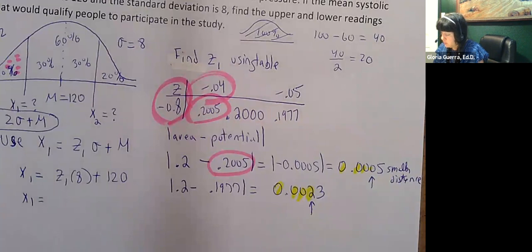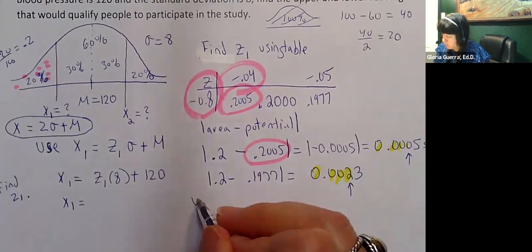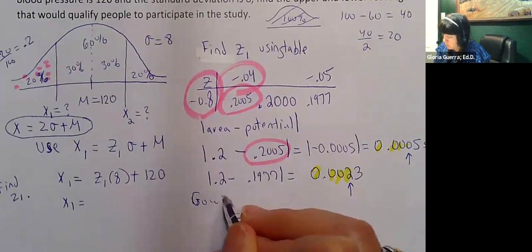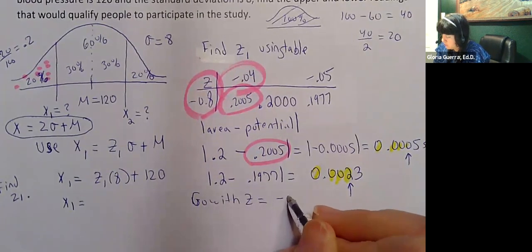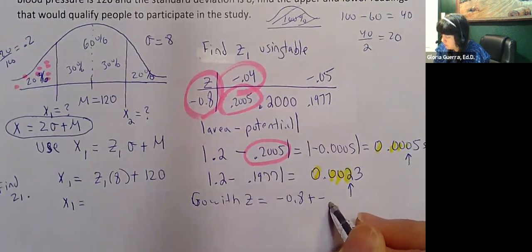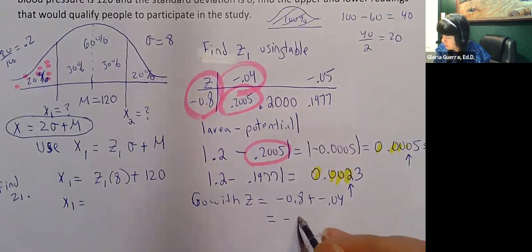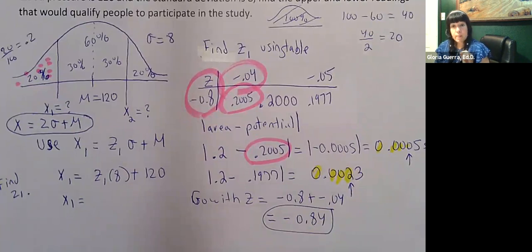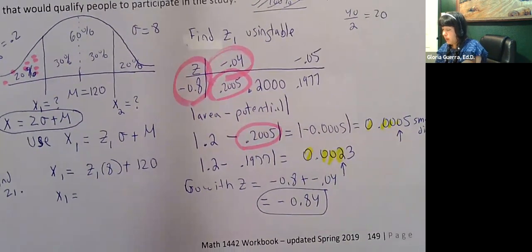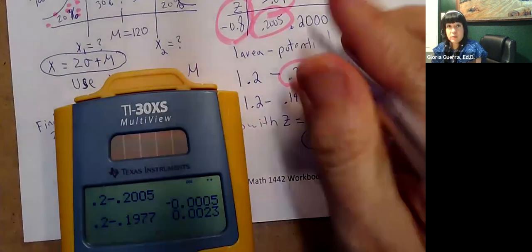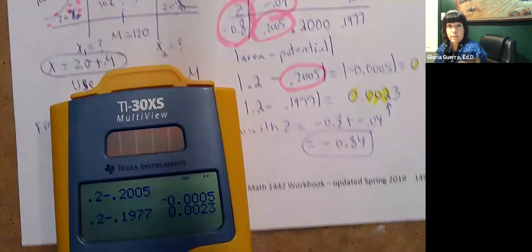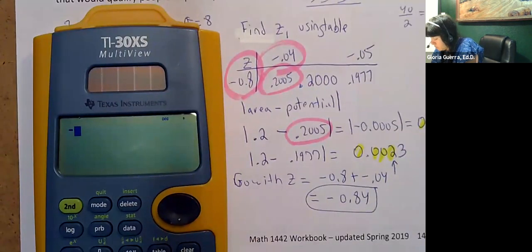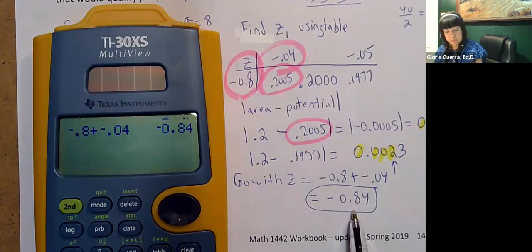You go with the Z that's got the negative 0.8 plus the negative 0.04, which gives you negative 0.84.